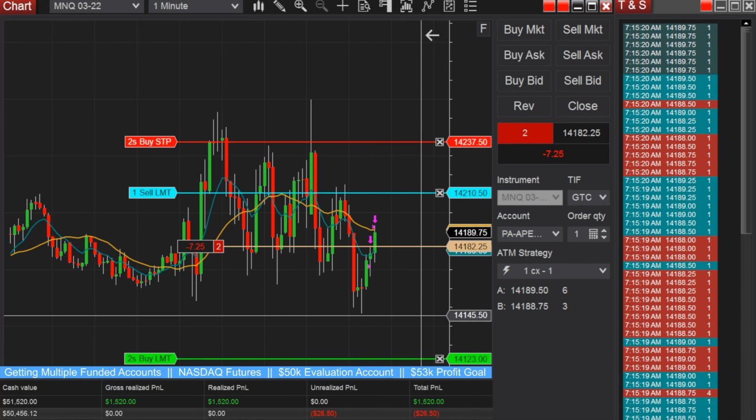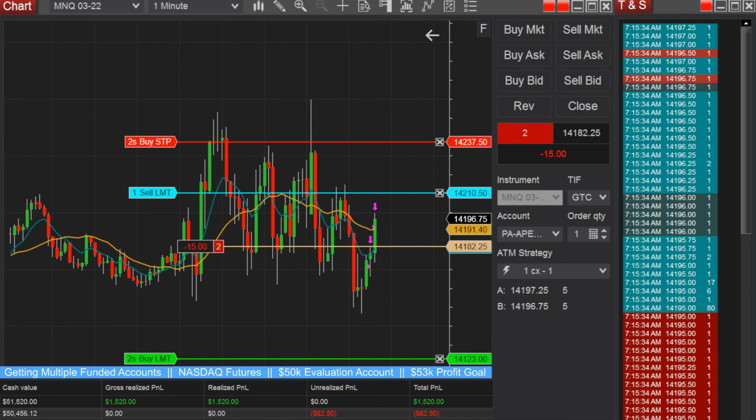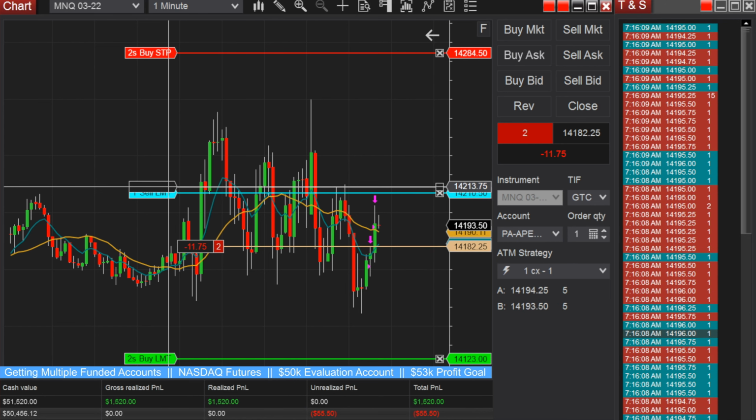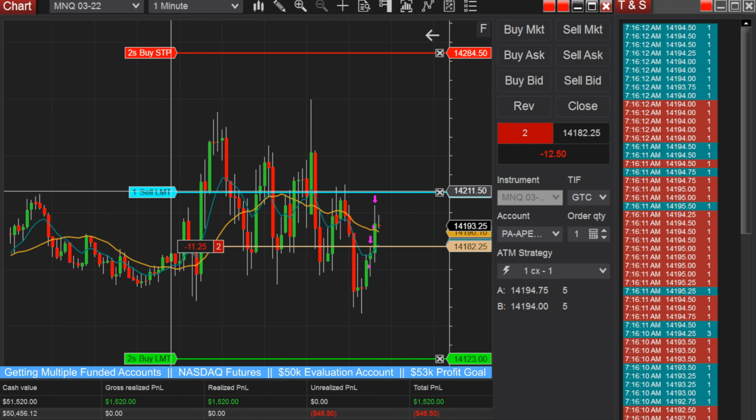My stop is going to be kind of in that upper range up there in 237s. I'm going to make some adjustments. I'm just trying to figure out where my entries should be. Let me adjust my stop. This one's going to be quite a bit of risk.